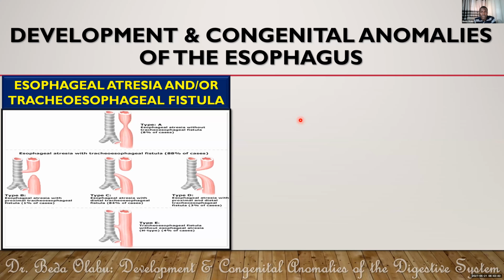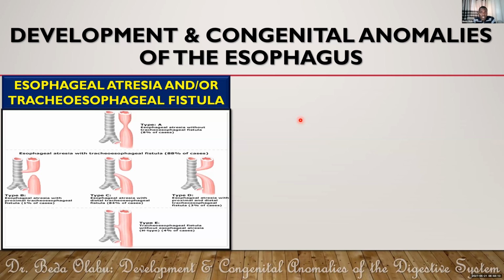So esophageal atresia can be on its own, but it can also be together with tracheoesophageal fistula, or the tracheoesophageal fistula can be on its own. And because it's one spectrum, that's why we give it that complicated name, esophageal atresia and/or tracheoesophageal fistula.